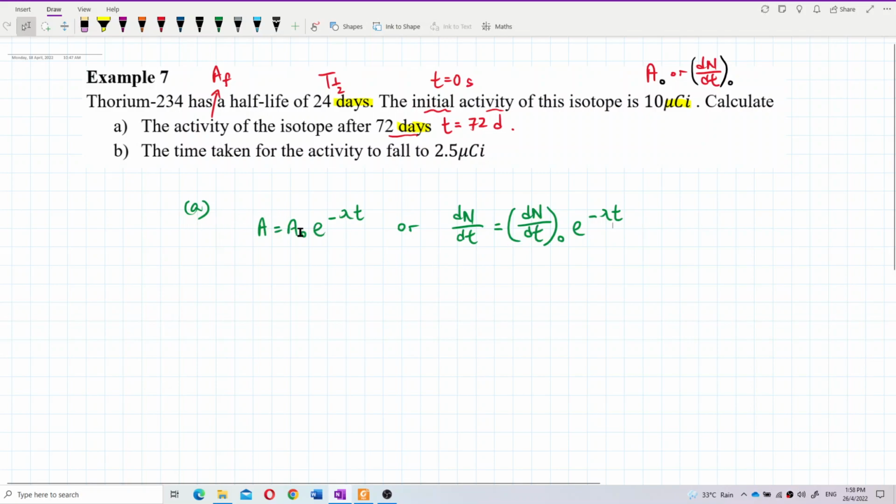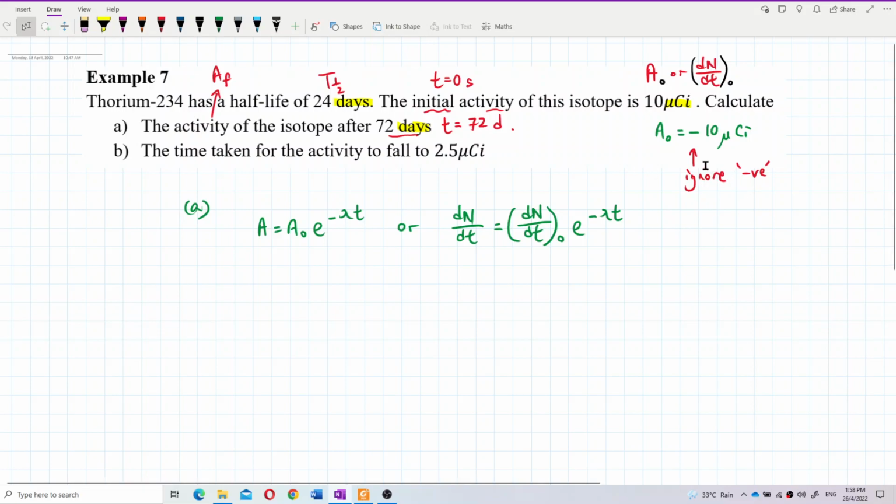Just use the simpler one. Activity is always a negative value, so normally we write activity as negative 0. microcurie, but this time we just ignore the negative sign.